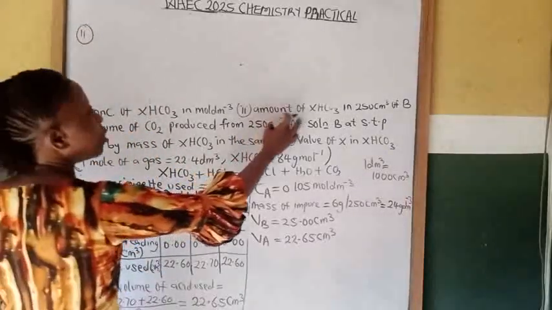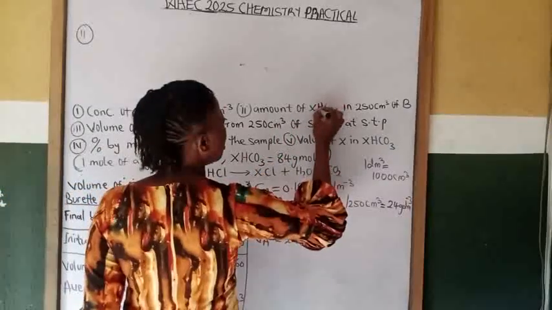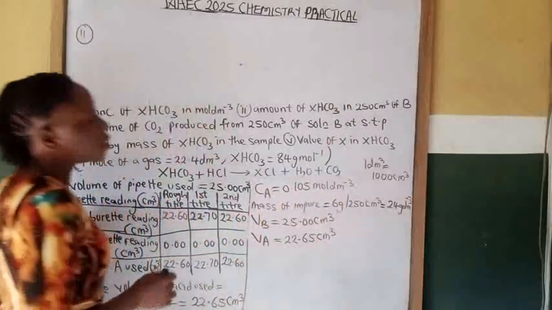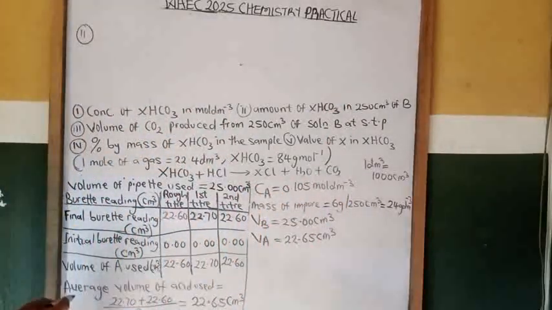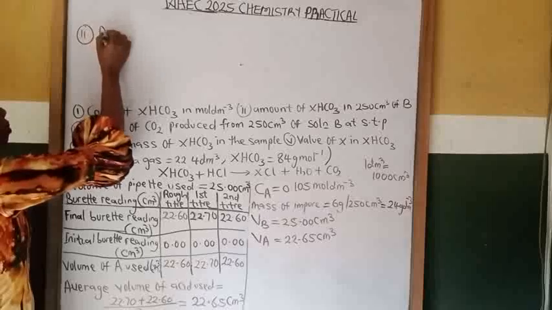So we are looking for the amount of XHCO3, the hydrogen trioxocarbonate(IV) compound. We are looking for the amount. Then what is the formula for calculating amount?